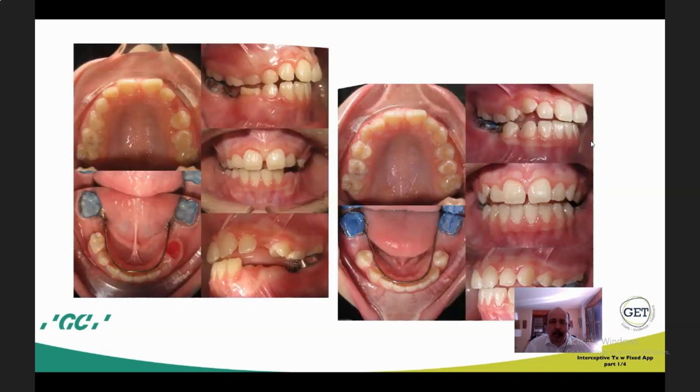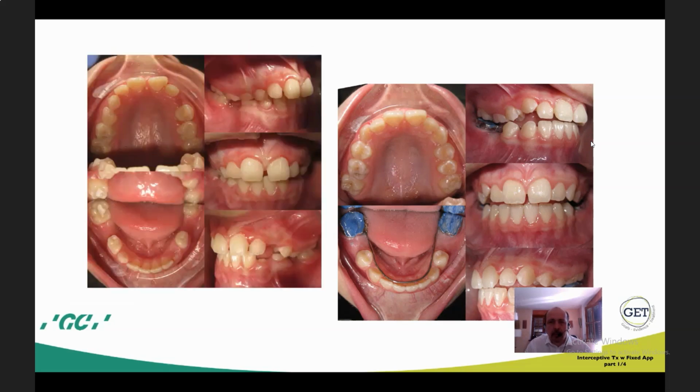In this case, you will see how during the transition we also lost one deciduous molar on the lower left, and of course the replacement came on time.